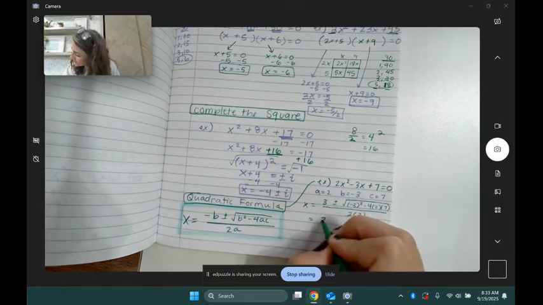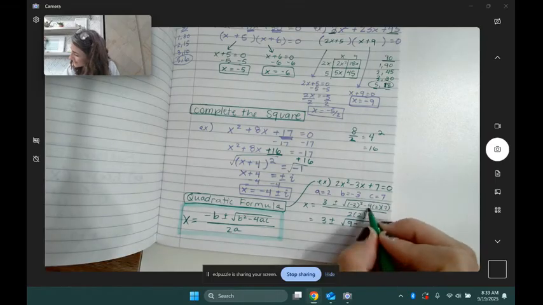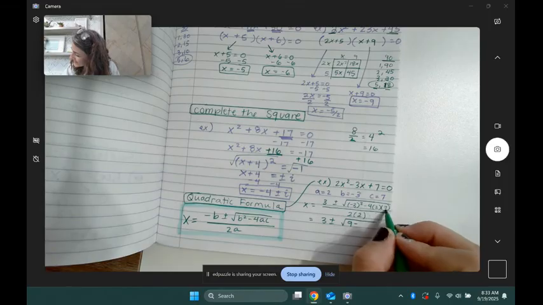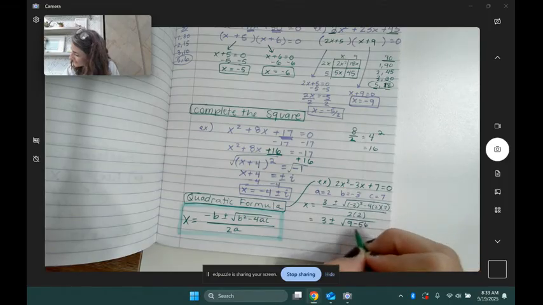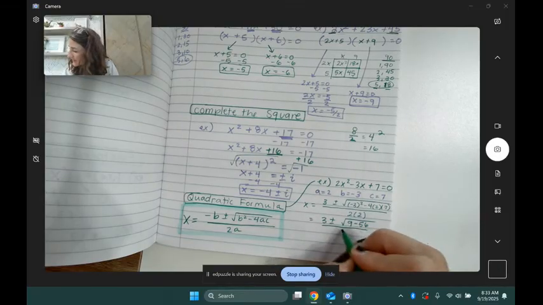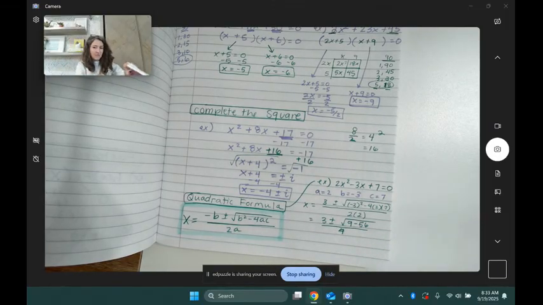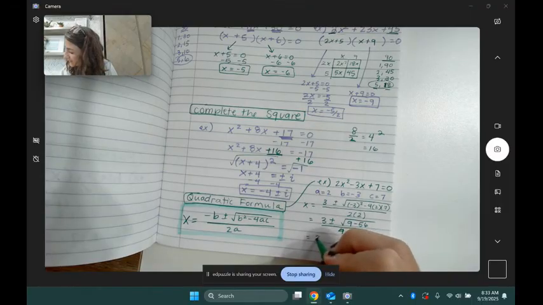And let's simplify it. 3 plus or minus the square root of 9 minus 8 times 7 is 56. Ooh, this means we're going to get an imaginary number again. Divided by 4. 9 minus 56 is negative 47.